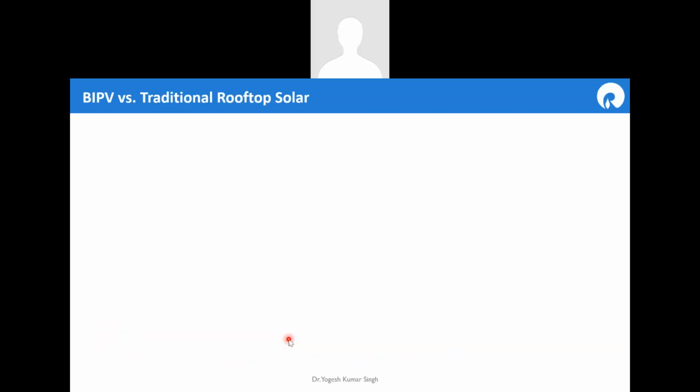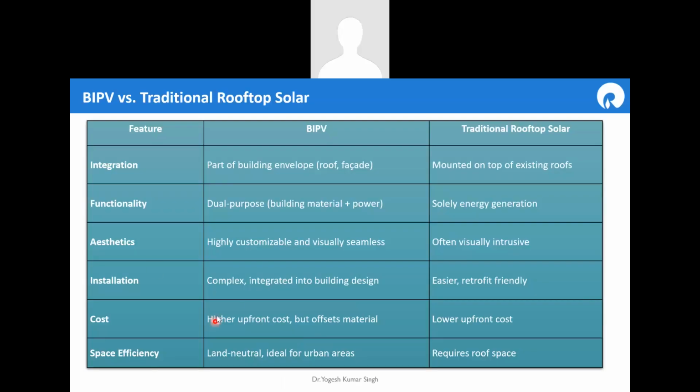Now, when we're talking about the BIPV system and the traditional rooftop, there are different features. First, integration: with BIPV, we discuss different parts of the building envelope, like the roof and facade. With the traditional rooftop, you just mount your modules on the roof.